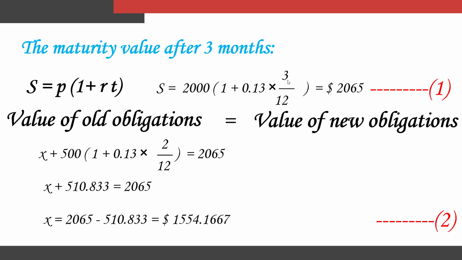For the maturity value after 3 months, we will use the formula S equals P times (1 plus rt). We have P as $2,000, r as 13% and t as 3/12. The total amount is $2,065.